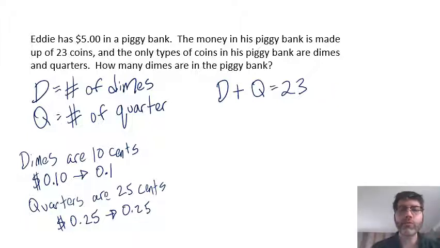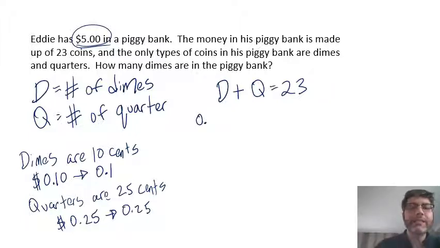This is how we can come up with our second equation. We want to come up with $5, because we know that there's $5 in this piggy bank, and it's made up of money that comes from dimes and money that comes from quarters. To figure out how much money is coming from dimes, we multiply 10 cents times the number of dimes.